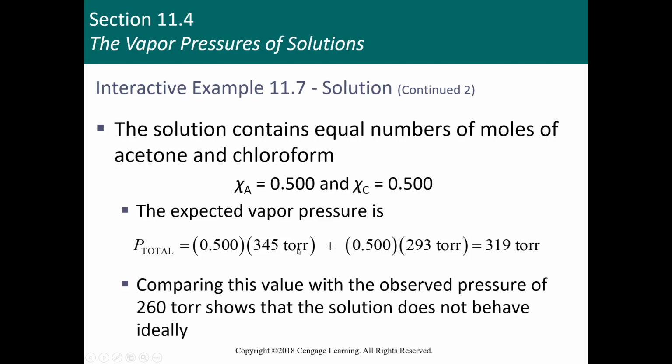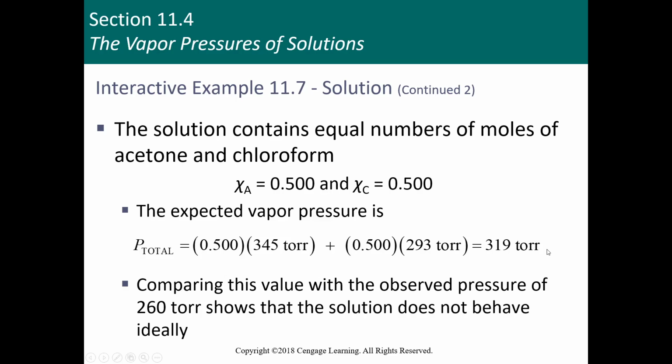Because literally you have a 0 to 1 here, this number, 0 to 1 here, this number. You're doing some sort of form of averaging, if you will. It's not quite an averaging because you cannot be 0.5 here. But it typically is going to be something between these two numbers if it's ideal. And so in the ideal case here, we get 319 torr because it's literally an average here.